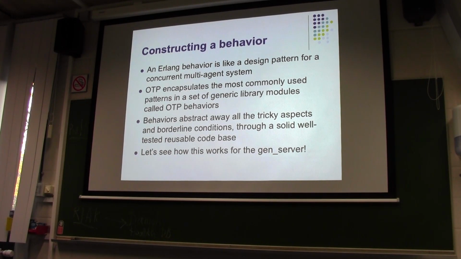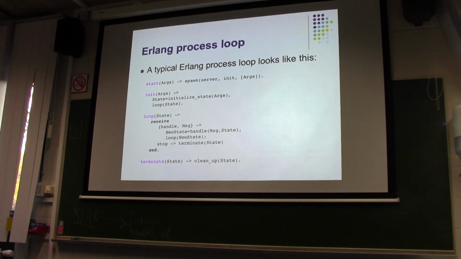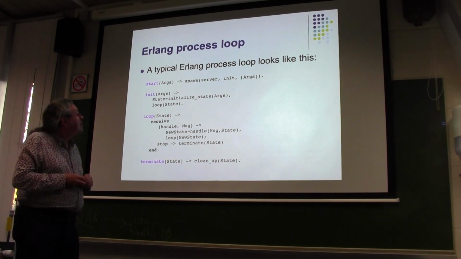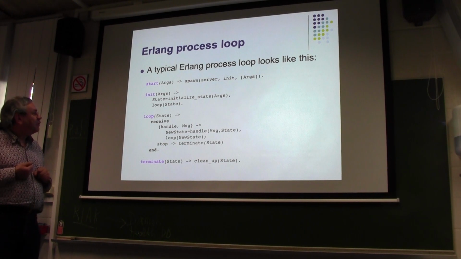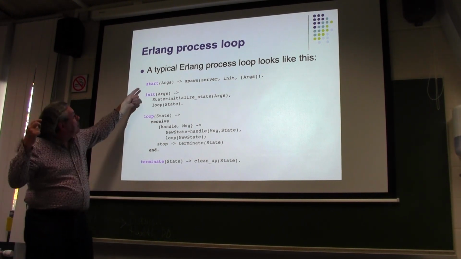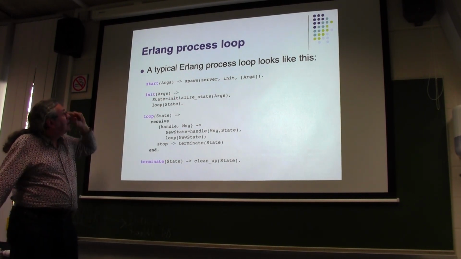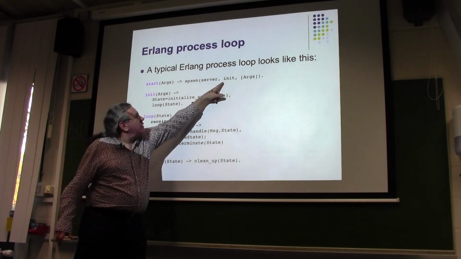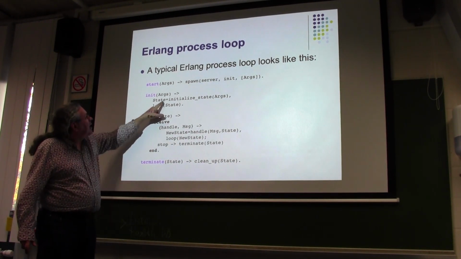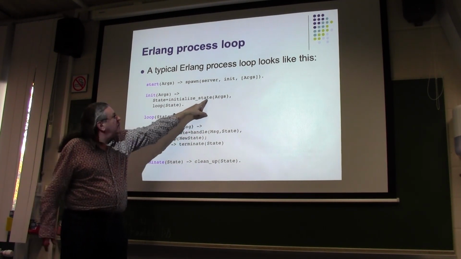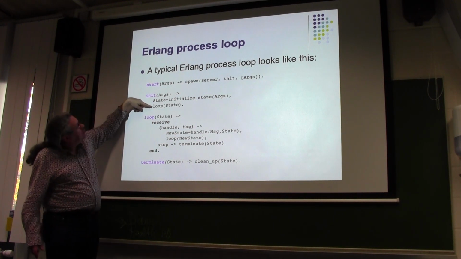I want to do it piece by piece. So I start with a very simple Erlang process loop, a very simple server. How does it work? I spawn the server, and with this init function, I have some initial state, and then I run the loop.